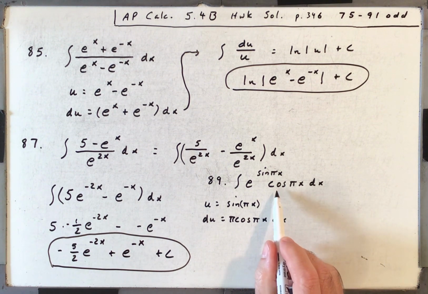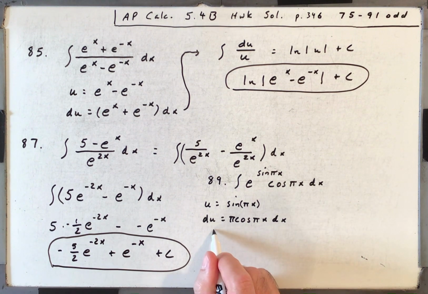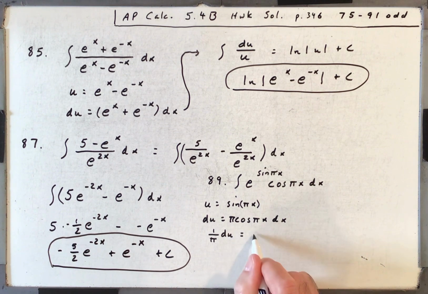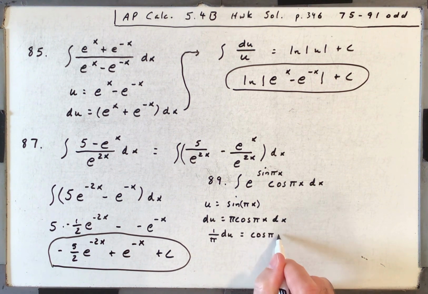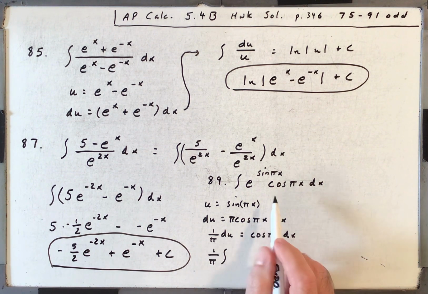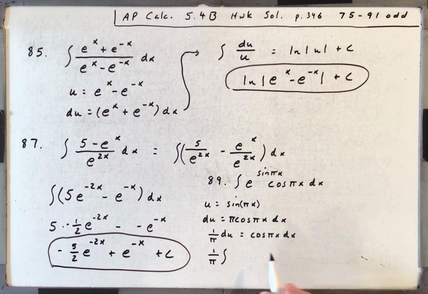Okay, I need it to just be cosine pi x dx. So if I divide both sides by pi, I'd have 1 over pi du is equal to cosine pi x dx. So I can rewrite the integral as 1 over pi times e to the u du.